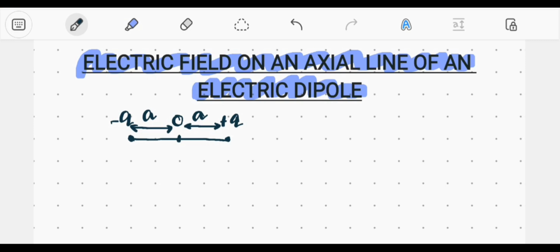So let us consider, if we produce this line, any point, let us name it as P. We have to find the electric field. Let us consider this is E vector.